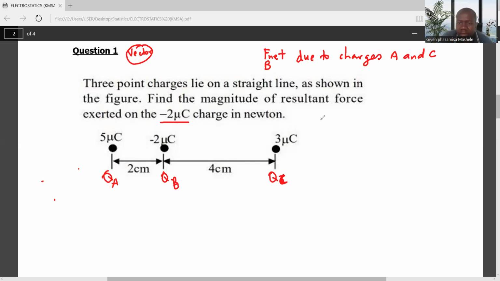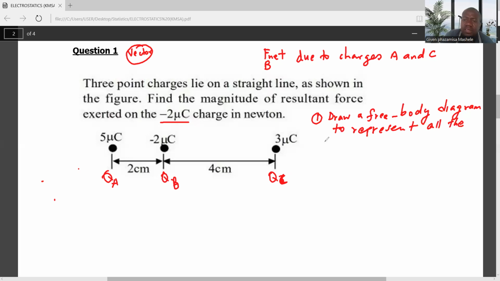So number one, we must draw a free body diagram to represent all the forces acting on charge B. Remember, charge B is our -2 microcoulomb, due to other charges.